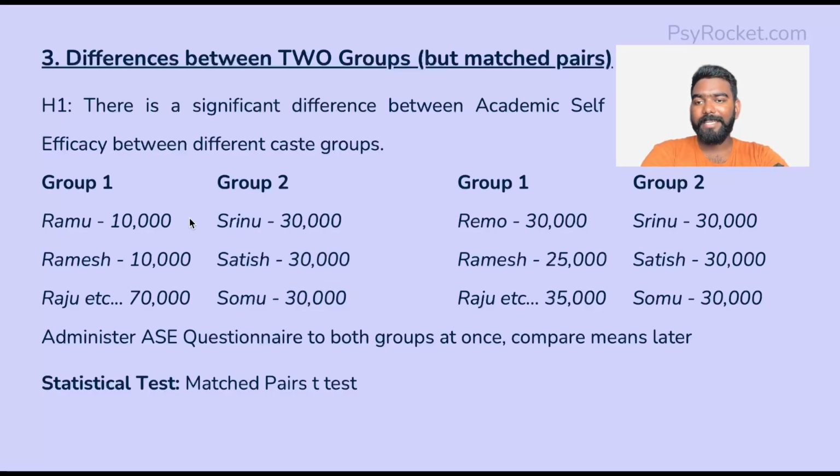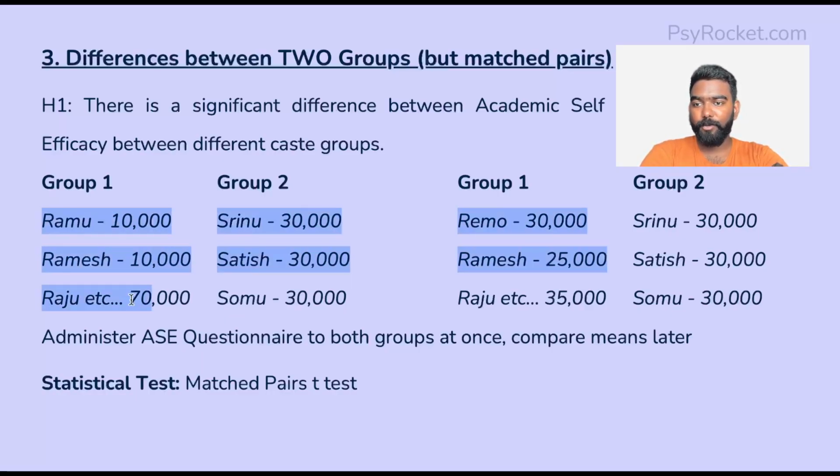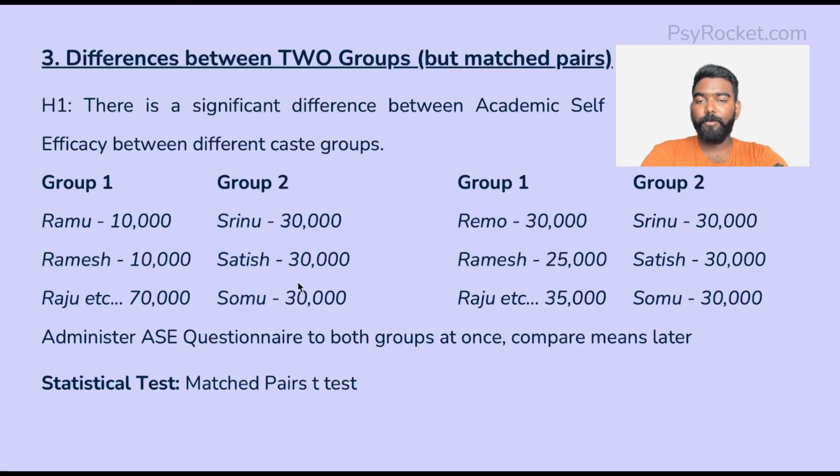So the income of Ramu and Ramesh might affect the academic self-efficacy in this group negatively, whereas in this group all three people, Srinu, Satish and Somu, might get the same academic self-efficacy scores. So in these cases we take care that both groups are similar in that particular confounding variable.